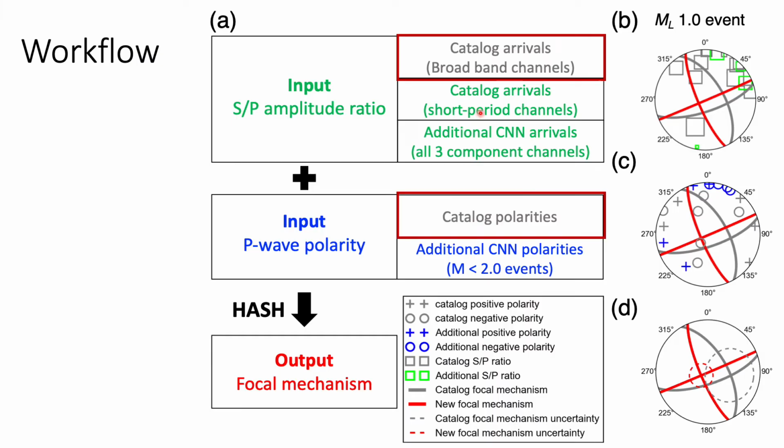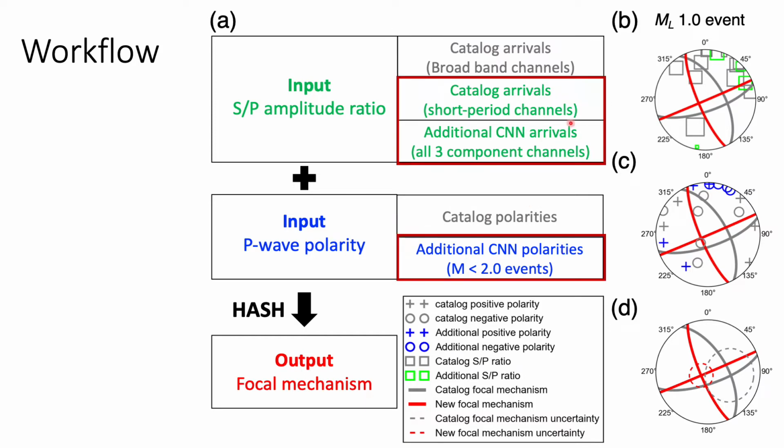Here is how it works. The traditional method only uses catalog arrivals from broadband channels and catalog polarities. In our study, we added catalog arrivals at short period channels and additional arrivals and polarities detected by the CNN pickers to the focal mechanism calculation.